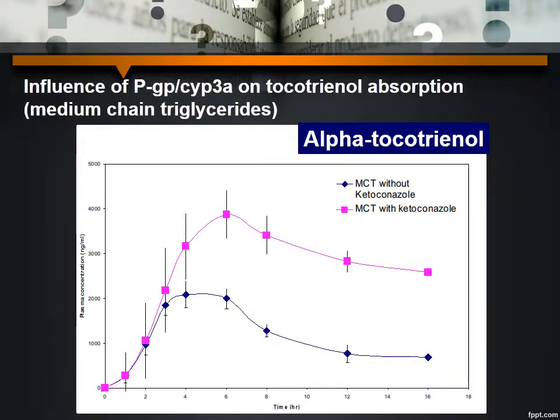And this is the influence of PGP on tocotrienol absorption. The same thing, we are trying to understand whether alpha tocotrienol is a substrate of PGP. We are not sure, so we want to investigate. So how do we investigate?